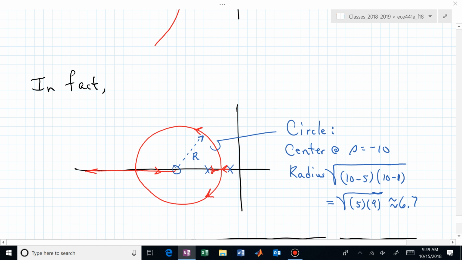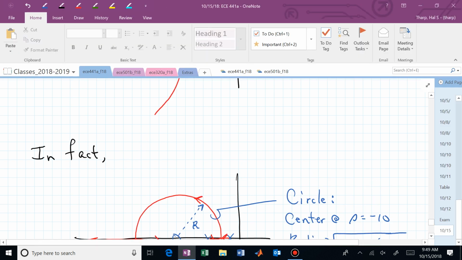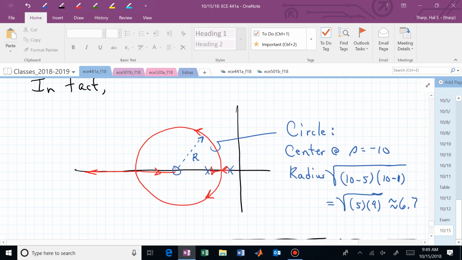We have 1 branch that is here, and then it doesn't really matter whether it goes up or down. Let's just say it goes up, and it moves around, and then it meets, and then maybe it goes to the 0. The other branch comes in, goes down, and it meets, but it can't stay together.